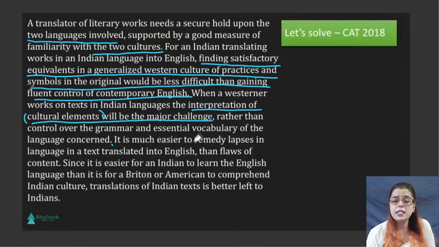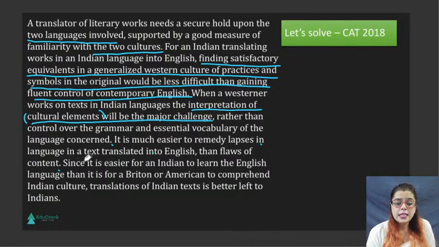It is much easier to remedy lapses in language in a text translated into English than flaws of content. Remedy means to find a cure or to correct something. Lapses is an error. This error generally happens if the person is inattentive. So it is easier to correct the errors in a language in a text translated into English than flaws of content.